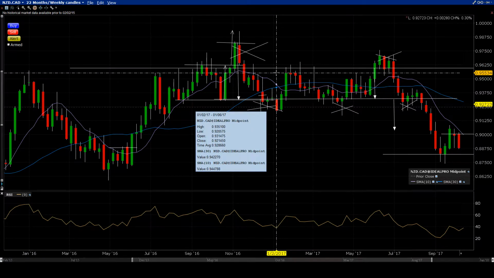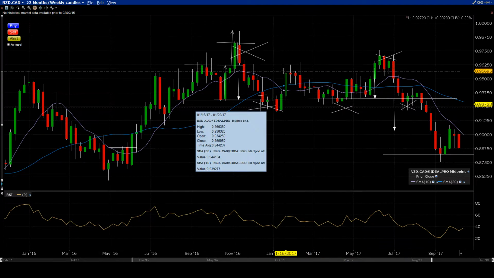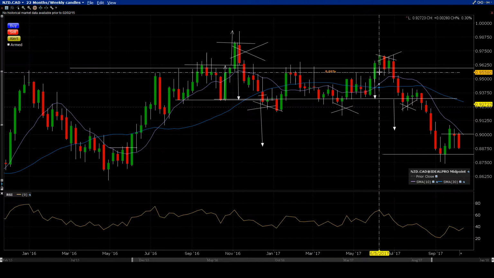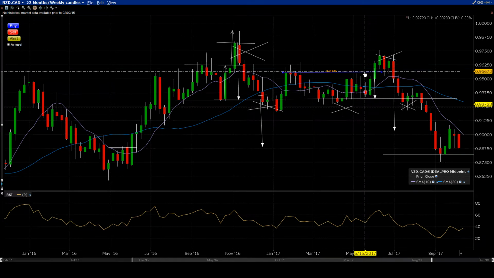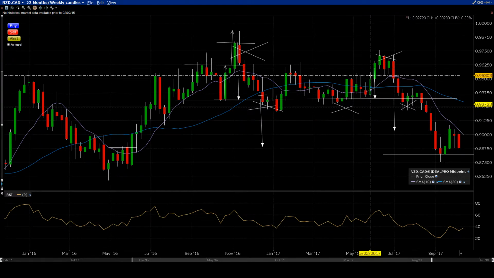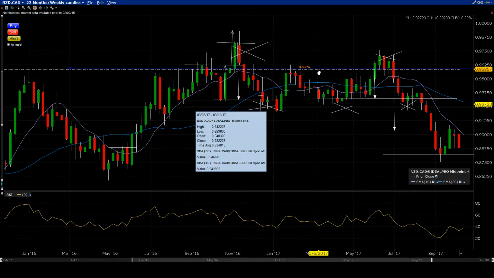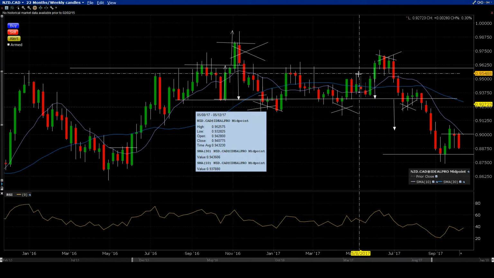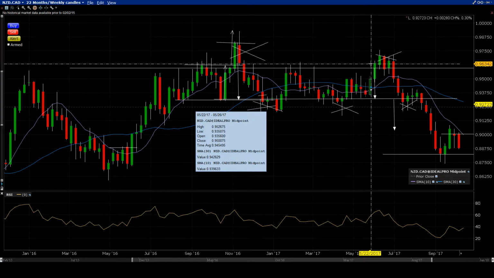Depends where you draw your lines. If you would have drawn it here, you would have not reached the implied measured move. Always take the closer target. So even if you're on a smaller time frame, this is what I do: take the closer pattern to the breakout line with the shorter target, closest target.